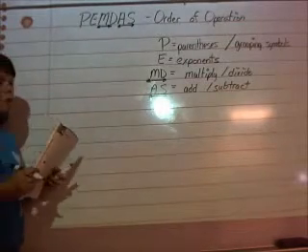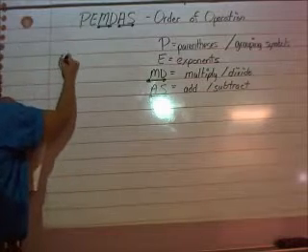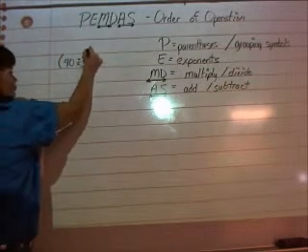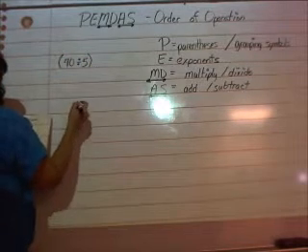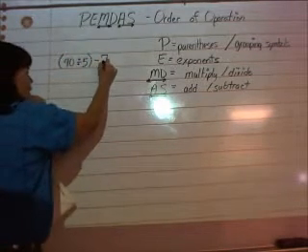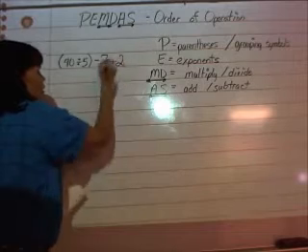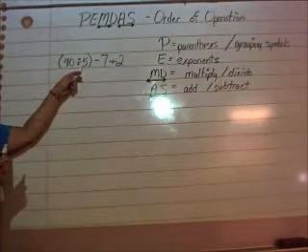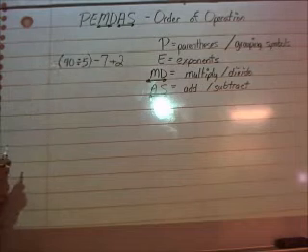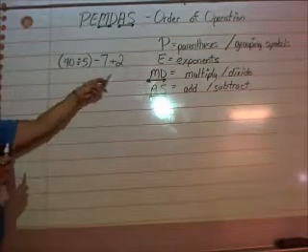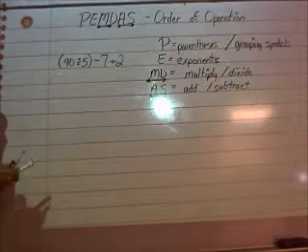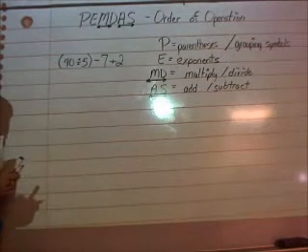So the first problem that we're going to have is we have a parentheses 40 divided by 5, close the parentheses, minus 7 plus 2. 40 divided by 5, and that's inside your parentheses, minus the 7 plus the 2. Now, one thing that I do is I kind of slash through my work as I go.